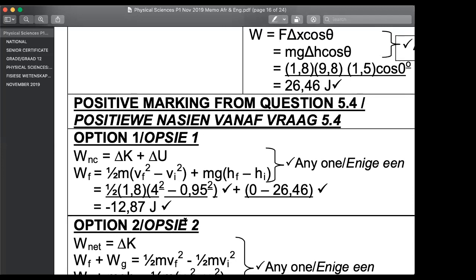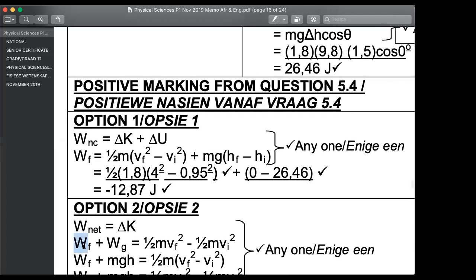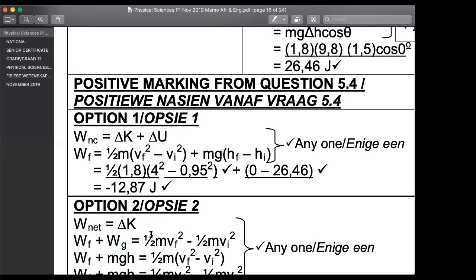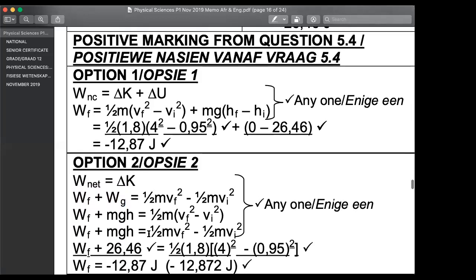All right. So I'm going to explain the other way now. If you use work net is equal to delta EK, then what's your net work? Your net work will be your work done by friction plus your work done by the gravitational force, is equal to half mvf squared minus half mvi squared. So what's your work done by friction? That's what we want to work out.